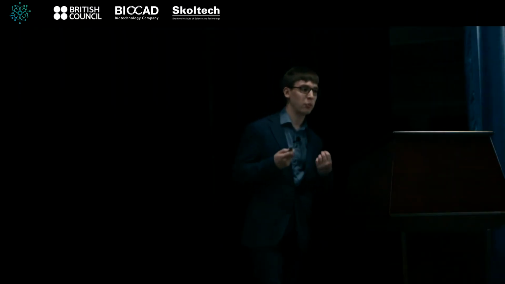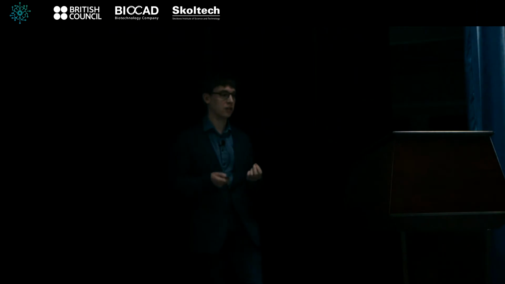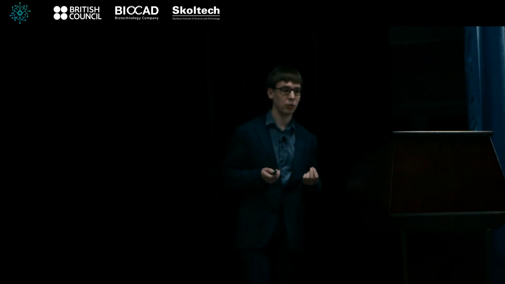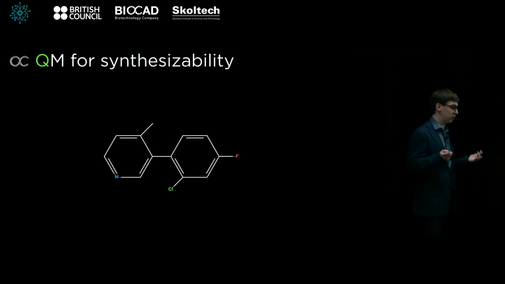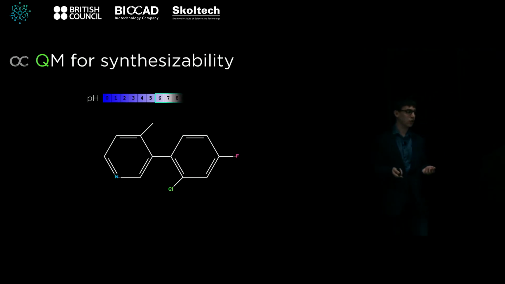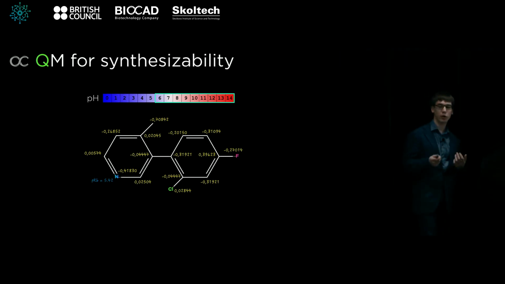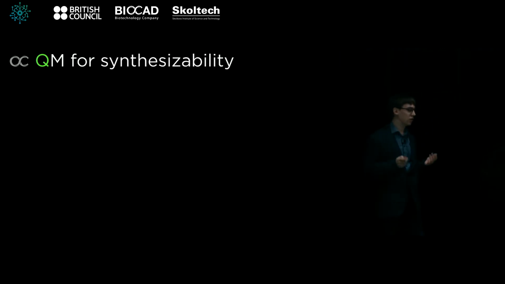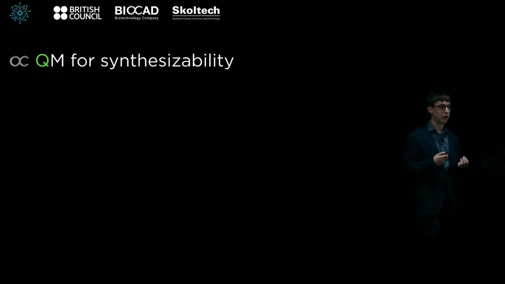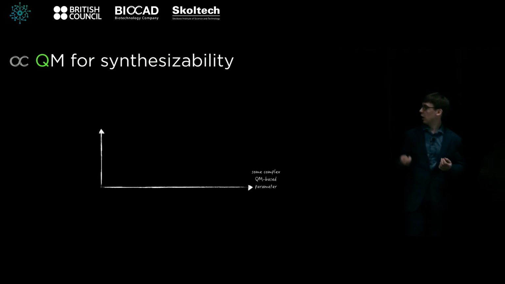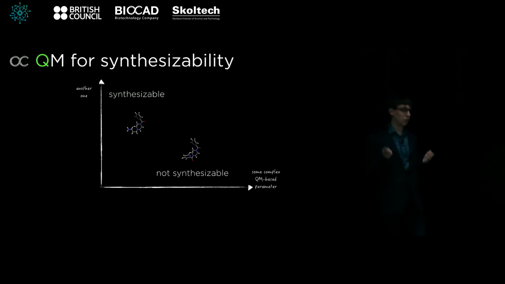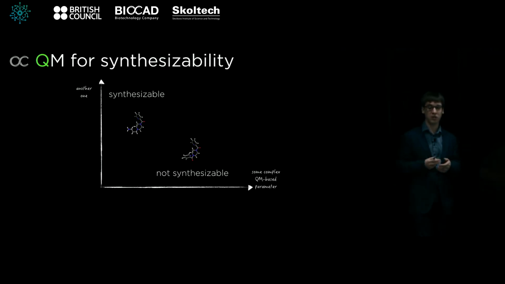The other way is to use a bottom-up approach and synthesize these rules from some basic physics, so quantum mechanics and resonance theory can help us with that. These methods can predict some suitable parameters of our molecule depending on some environment and conditions, and these quantum mechanics based parameters could be useful to separate molecules that could be synthesized by some reaction from the molecules that cannot.